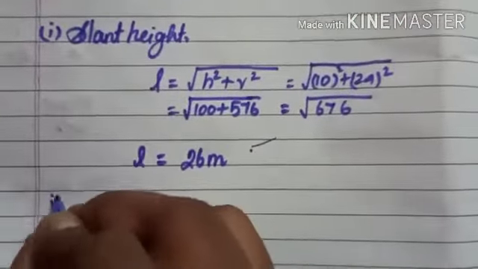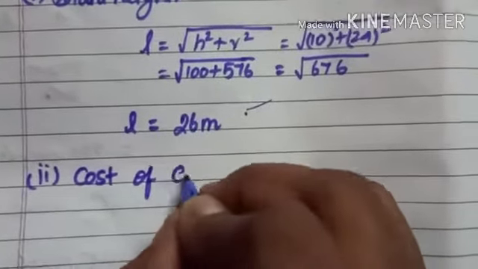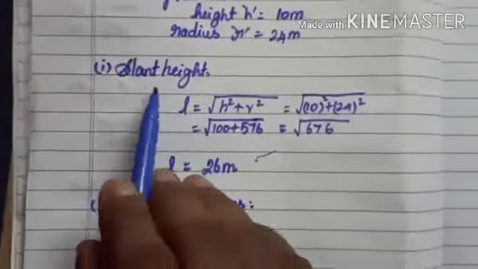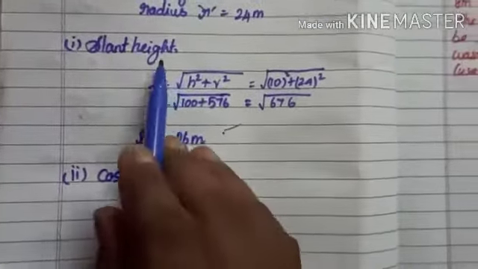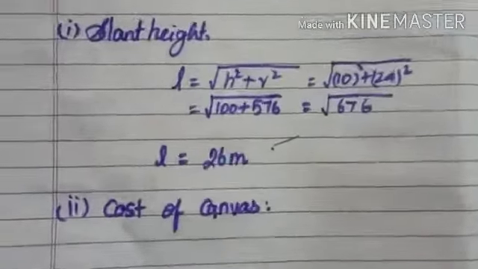So second one, you need to find the cost of canvas. Likewise, you put these titles: slant height, cost of canvas. Okay, so cost of canvas.